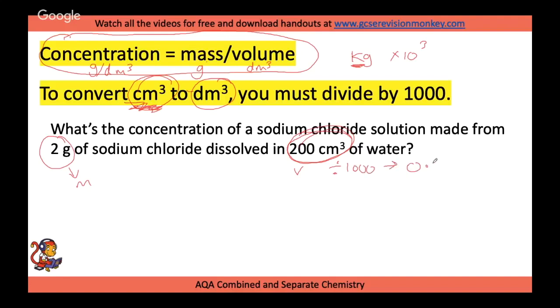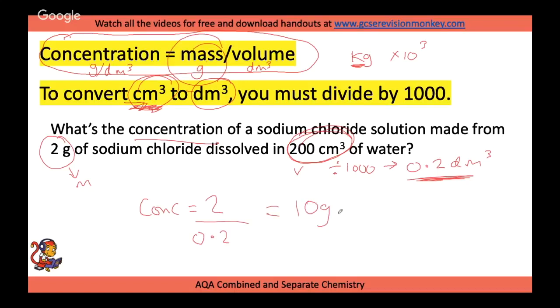So we get 0.2 decimeters cubed. So that gives us 1 mark, and we then put our numbers in the equation. So the concentration is what we want. So concentration equals mass 2 divided by volume 0.2, which gives us an answer of 10 grams per decimeters cubed.